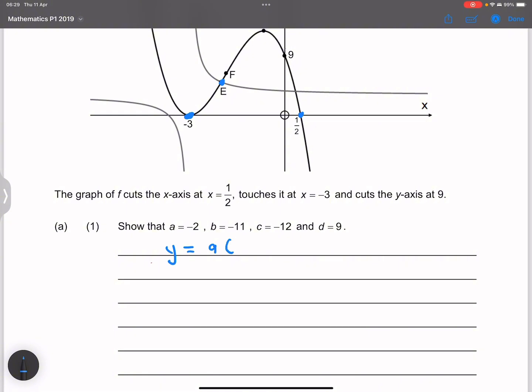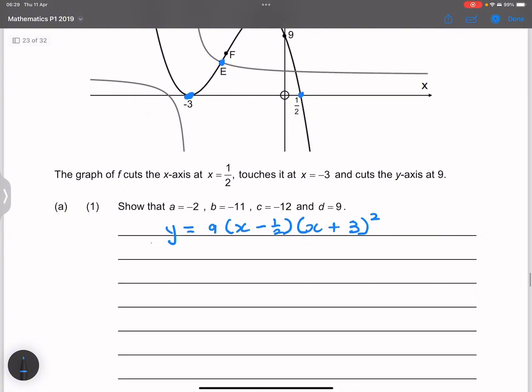So that's going to be x minus 1 over 2. But now, when the x-intercept is also the turning point, so remember to change the sign, so that would be x plus 3. So when it is that turning point, you actually square that. Okay, so I'm going to multiply that out.